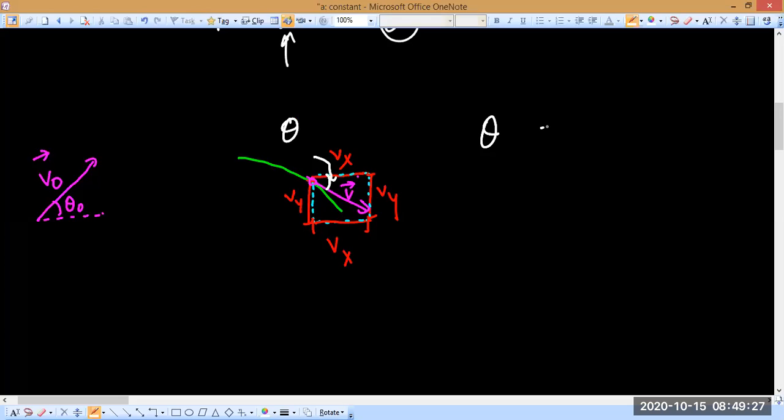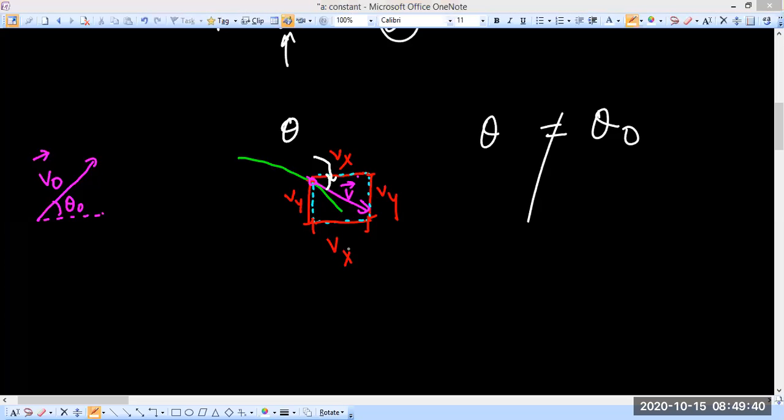Is theta equal to theta 0? No. Clear? Theta is not equal to theta 0.